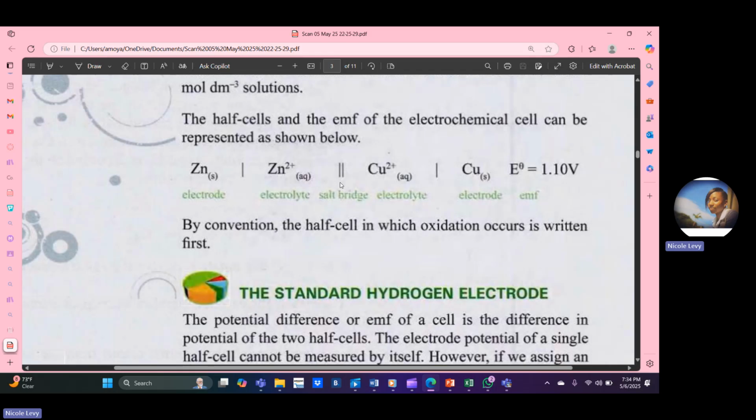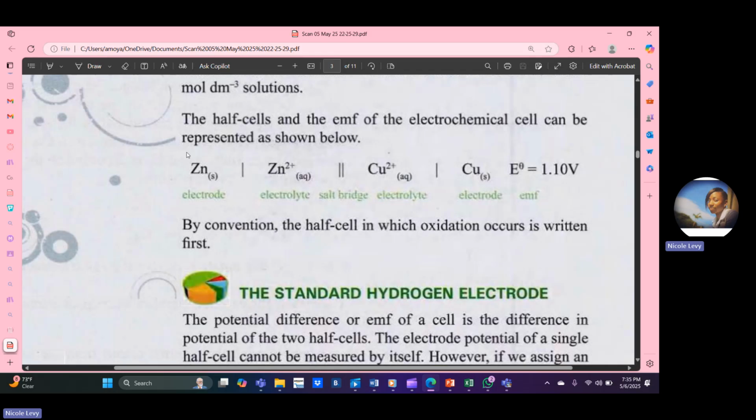Then you're going to have the salt bridge here. And then the copper ions come next because they are the ones that are going to be accepting the electrons from over here. And then these will accept electrons to form solid copper, right? So you write your anode first, the ion that the anode produces, then you put your salt bridge, and then you start with the ion produced from the cathode, and you put the cathode itself over here.